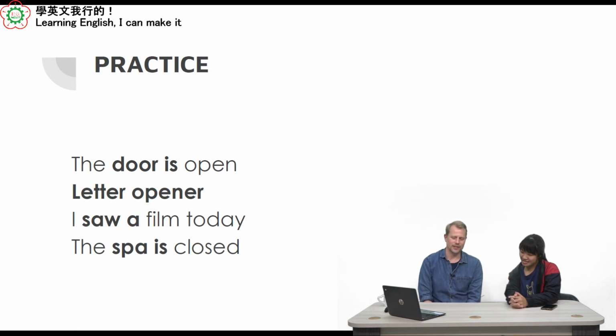So how about this next one? Say the first word in a sort of British style. Letter. Opener. Yes, and now try to put the R in there. Letter opener. That's hard.